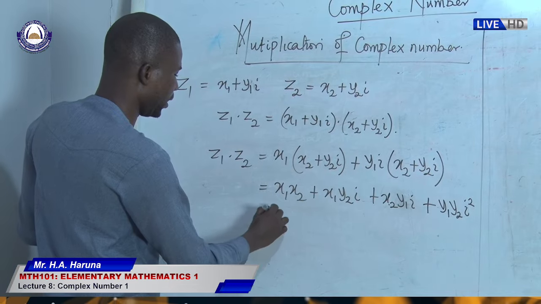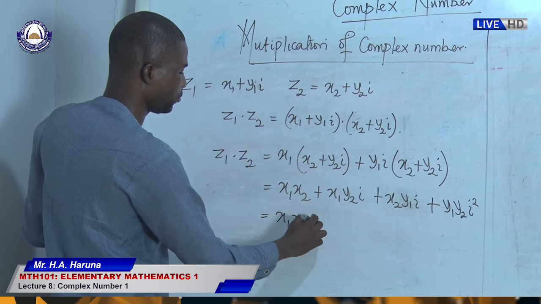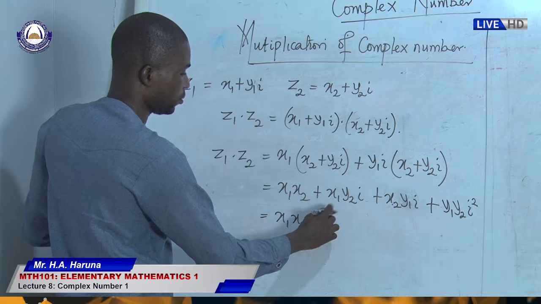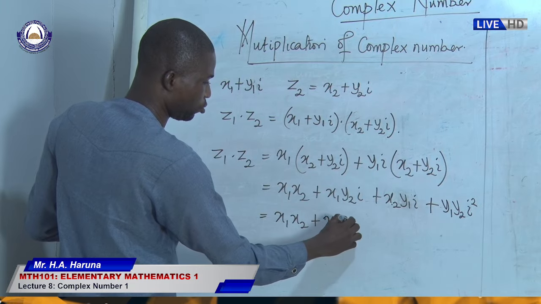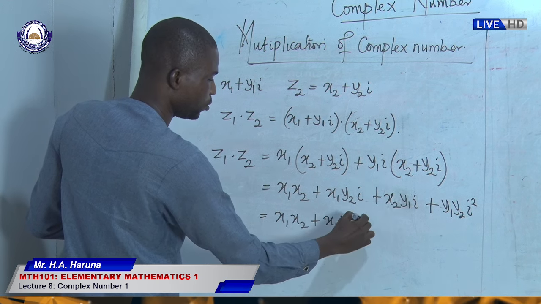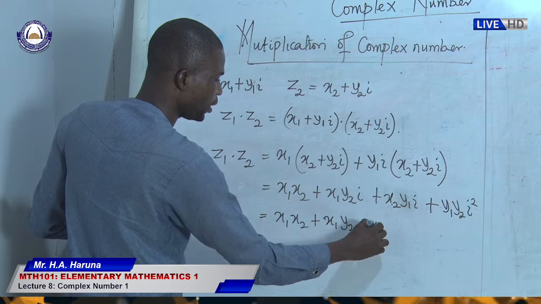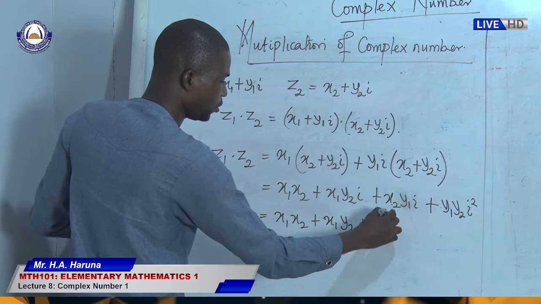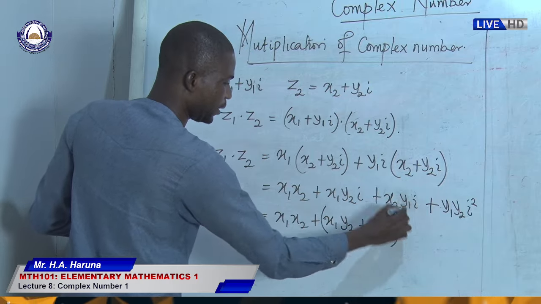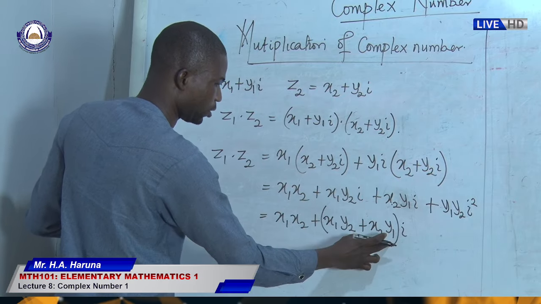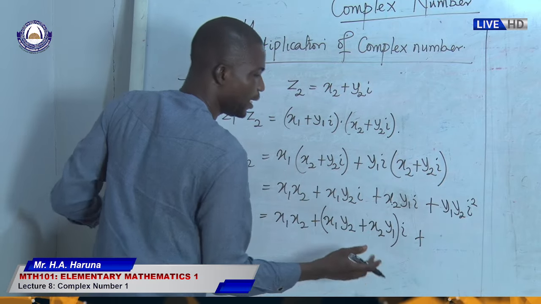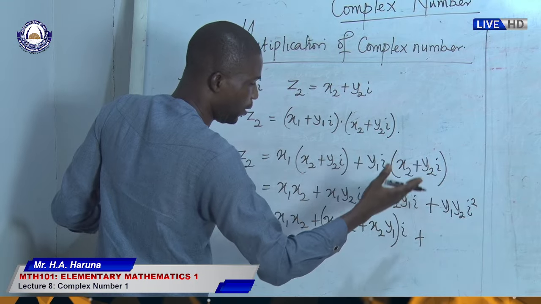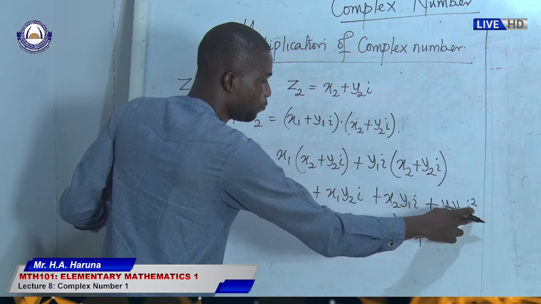Now you can say x1 x2 plus, now let's bring them together, x1 y2 i plus x2 y1 all in bracket, put your i, because i is common to both, that's factorization. Plus, now what is our i squared? Our i squared, from the power of a complex number, is negative 1.